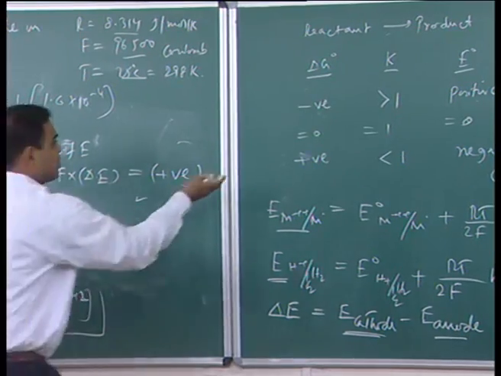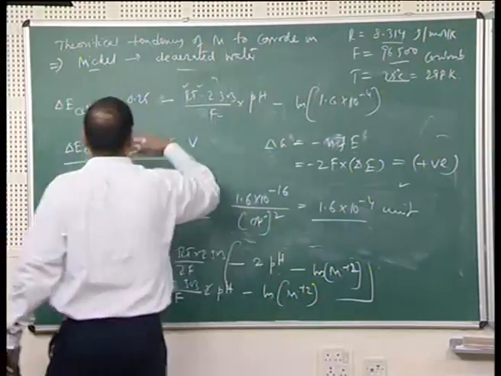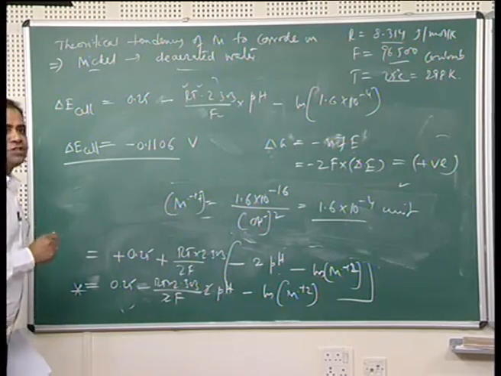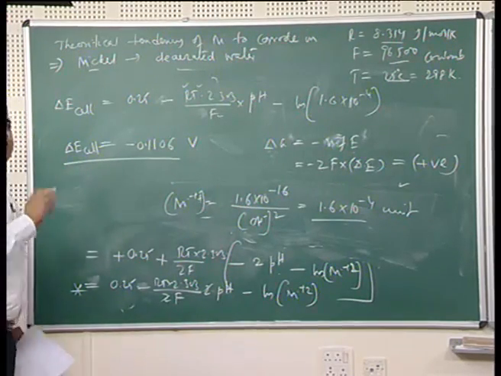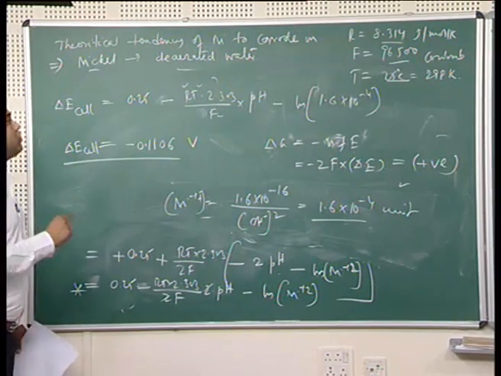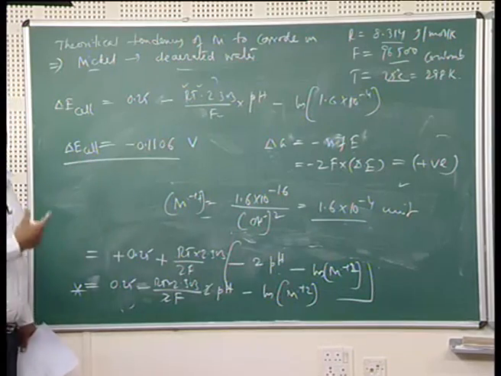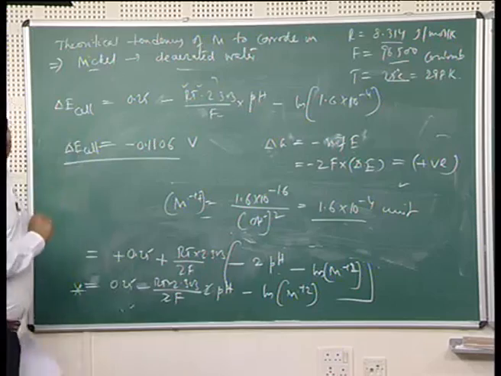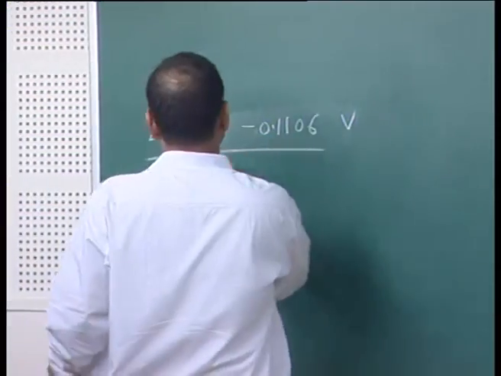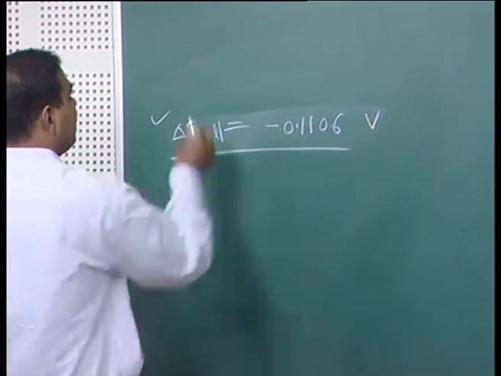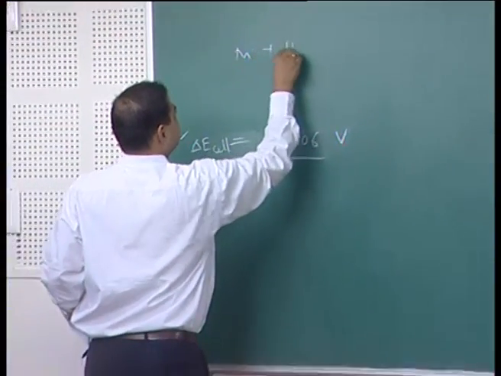So if it is non-spontaneous, that means what we have considered, that nickel will go into nickel ion and hydrogen will come out as hydrogen gas, that assumption is wrong. So that reaction is non-spontaneous. So in fact nickel corrosion, or nickel dissolution, would not happen in this condition. So we found out this relation, that is del E cell for this process.